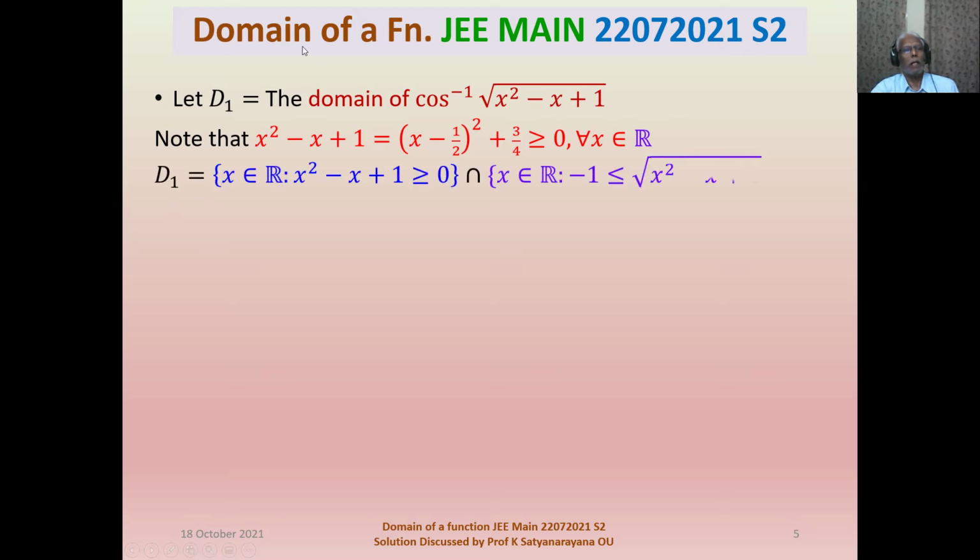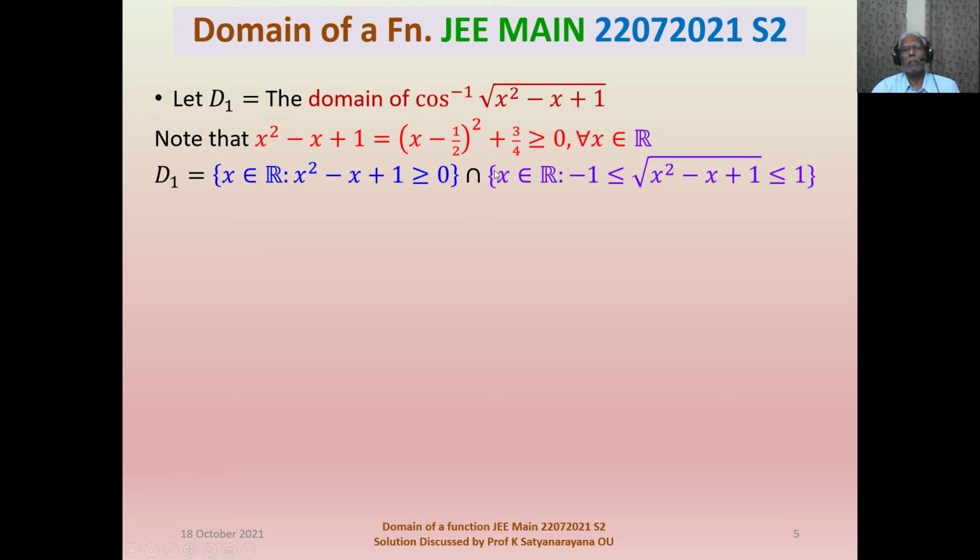So D1 is given by the set of all those x belongs to R such that x square minus x plus 1 is greater than or equal to 0, which is true for all real numbers. This set will be the whole of the real numbers.